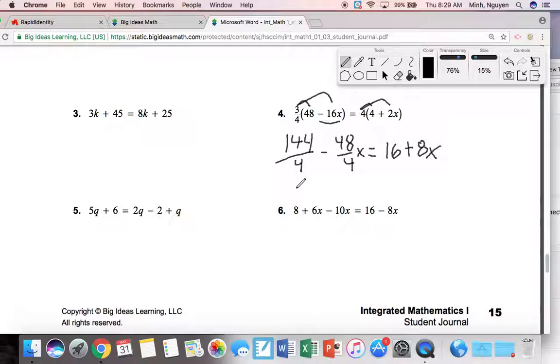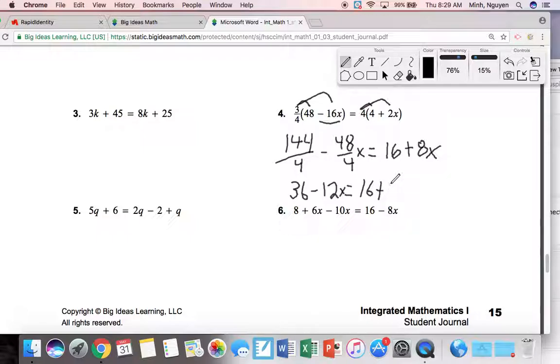It's 12 times 12, let's see, 144 divided by 4 is 36. And then 48 divided by 4 is 12, so you have 36 minus 12x equals 16 plus 8x.